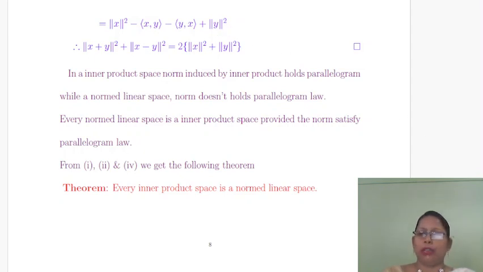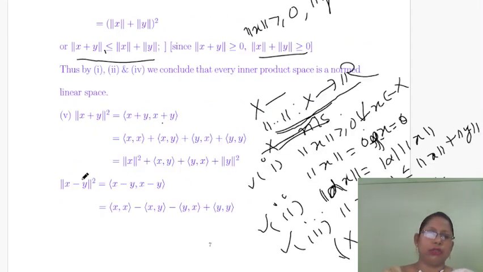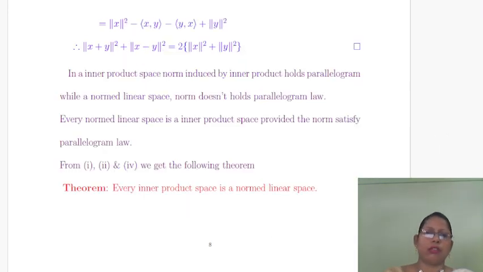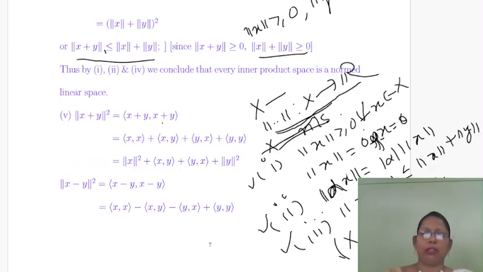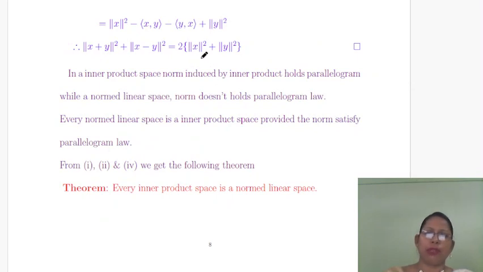So if we add these two, the left hand side will be norm of x plus y squared plus norm of x minus y squared. On the right hand side these two terms will cancel out, and the remaining will be twice norm of x squared plus norm of y squared.